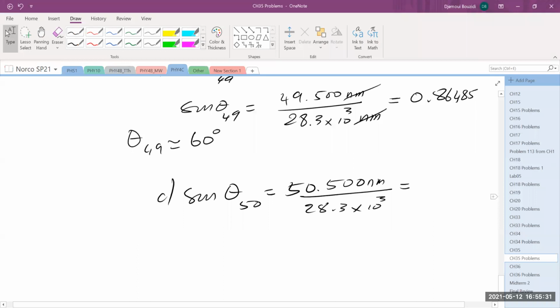So again, it's going to be 0.8825. So in other words, theta 50, I'm going to use the arc sine.